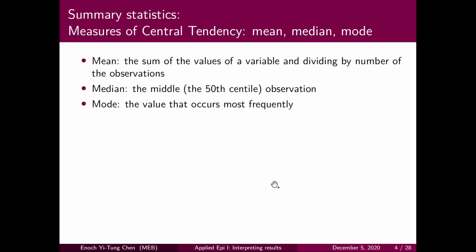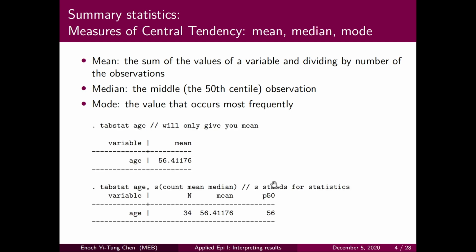Mode is a value that occurs most frequently. You probably know this really well already. This is just a recap. In Stata, you can use tabstat variable to obtain the mean of the variable. And if you specify stat in parentheses, you can get count, mean, median as well.